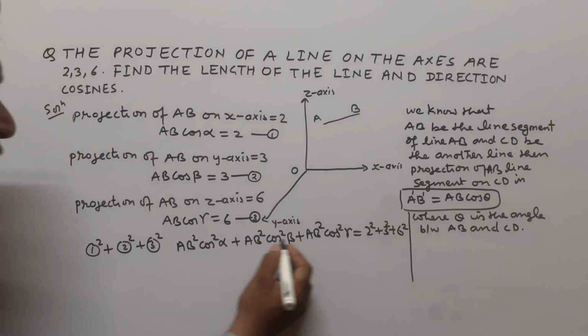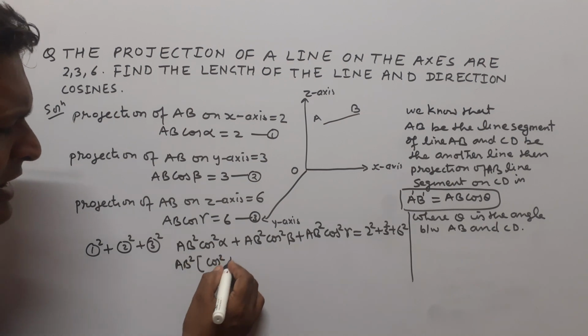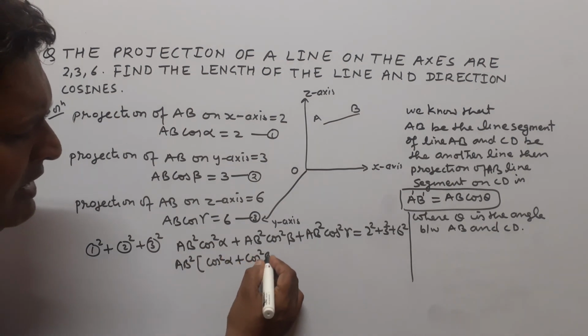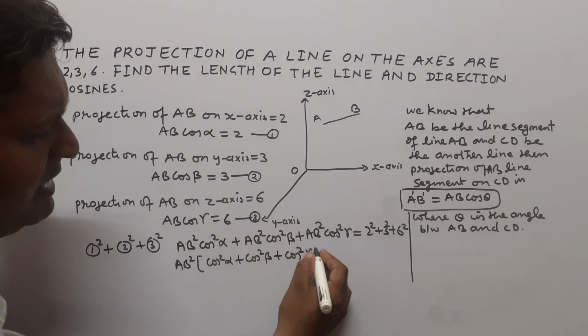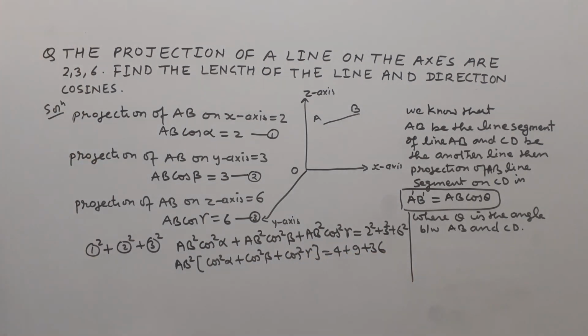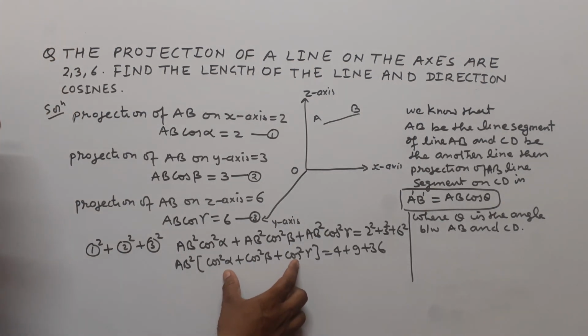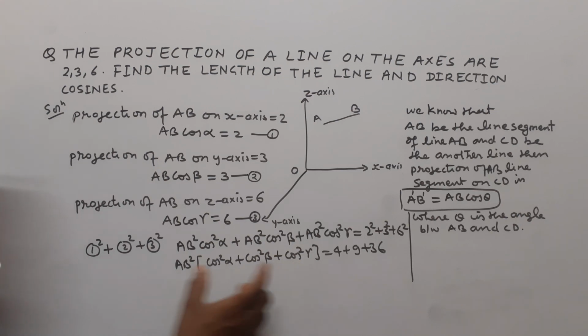So we take AB square common, and we get cos square alpha plus cos square beta plus cos square gamma is equal to 4 plus 9 plus 36. And we know that cos square alpha plus cos square beta plus cos square gamma is equal to 1, because the sum of the squares of the direction cosines of any line is equal to 1.